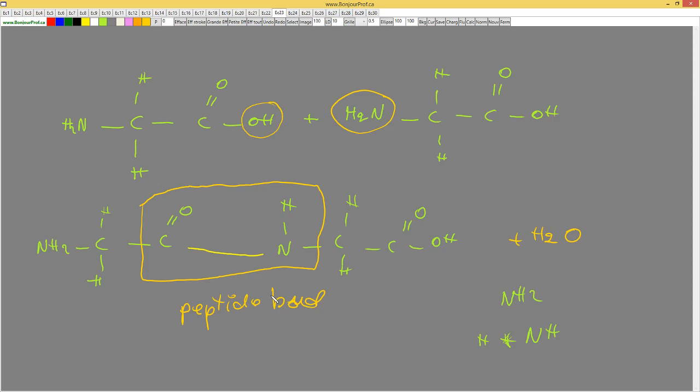So where do we find these reactions? Yes, we find them in a lot of places. For example, to produce nylon.